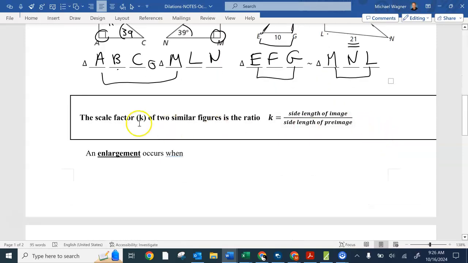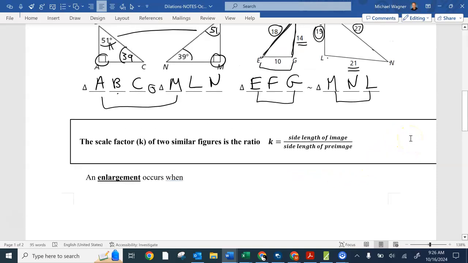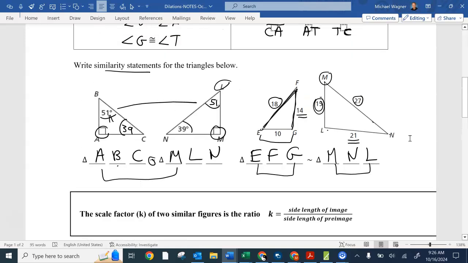Okay, one last thing. What is the scale factor of two similar figures? It's the ratio of the image to the pre-image. We're going to talk about that in a moment, but basically what would the scale factor be between these two here? Well, you can take any two corresponding sides, but make sure you're taking either the two smallest or the two biggest. So for example, what do I multiply all the sides in EFG by to get over here?